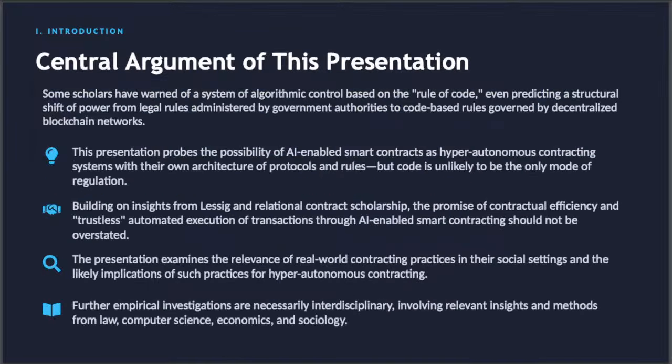All right, now let's look at the central argument of our presentation here. Some scholars have warned of a system of algorithmic control based on the rule of code, where code is law, even predicting a structural shift of power from legal rules administered by government authorities to code-based rules governed by decentralized blockchain networks.